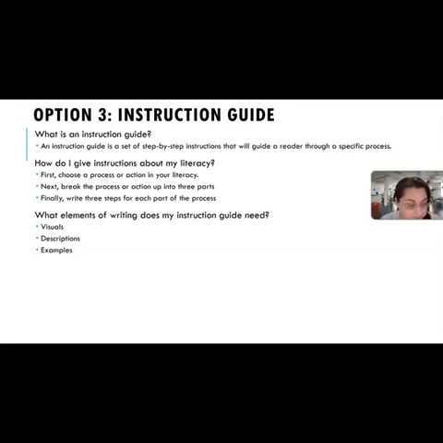You might break it up into building a character, how we actually play the game, so rolling the dice, things like that. And finally, how to move on to the next game or something along those lines. So the instruction guide is a process, right?